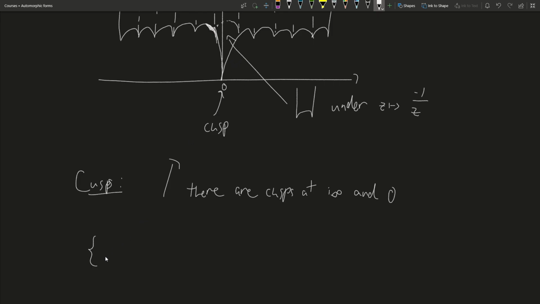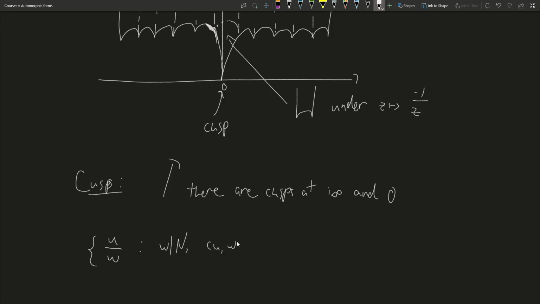But you can just take a representative set of inequivalent cusps. So a representative set of inequivalent cusps are given by rational numbers u over w, such that w divides the level.